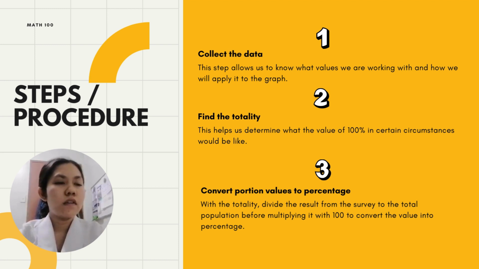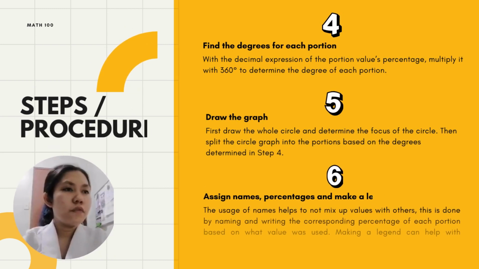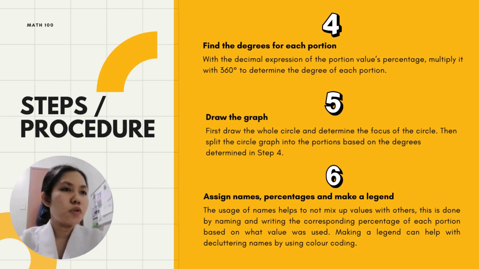Now, the third step is to convert portion values to percentage. With the totality from step 2, we divide the result of the survey by the total population before multiplying it by 100 to convert the value into a percentage. This is so that the collected data from step 1 is easily absorbable by the audience who will be looking at our circle graph. Now, the fourth step is to find a degree for each portion.